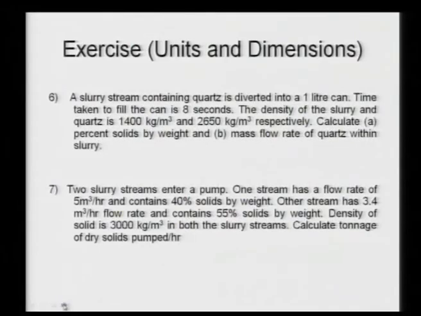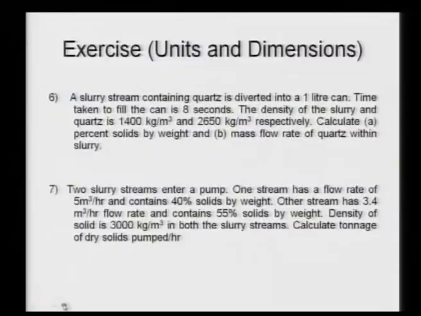The densities of the slurry and quartz are 1400 kilogram per meter cube and 2650 kilogram per meter cube respectively. Calculate A, percent solid by weight, and B, mass flow rate of quartz within the slurry. This problem is very important when we proceed to the material balance in metal extraction and refining.